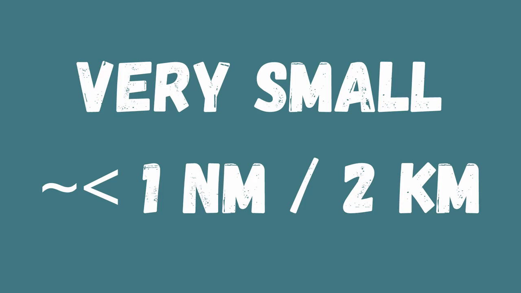So the last type of enclosed or inland waterway we might have is a very small lake or maybe even a river. So this would be something that's on the order of maybe a mile or even less at its widest point. That would be about 1 to 2 kilometers. So if the sailing area is less than about a mile, most likely you're going to have the gradient conditions prevailing.